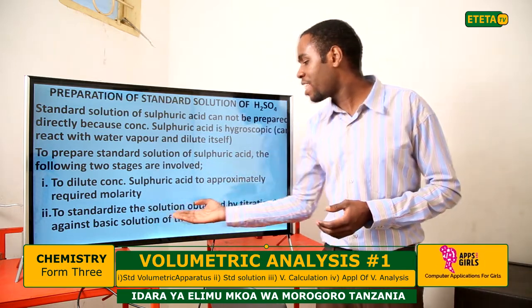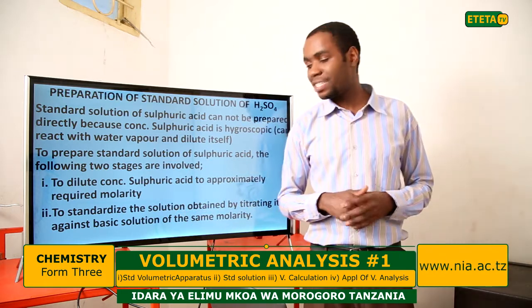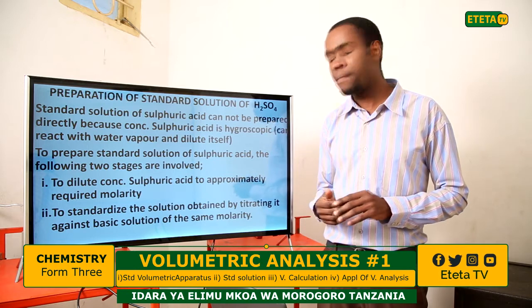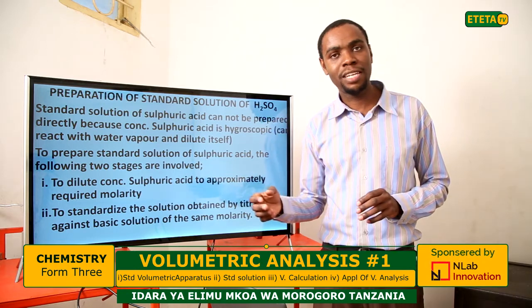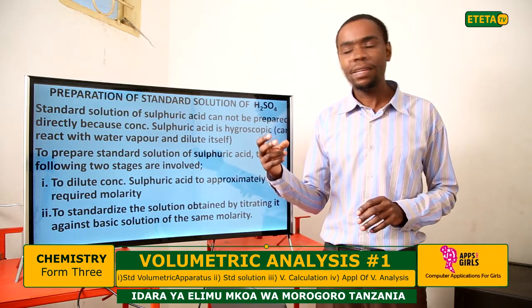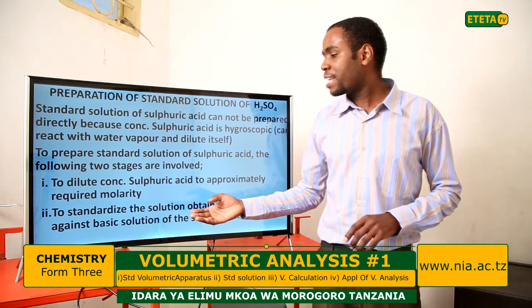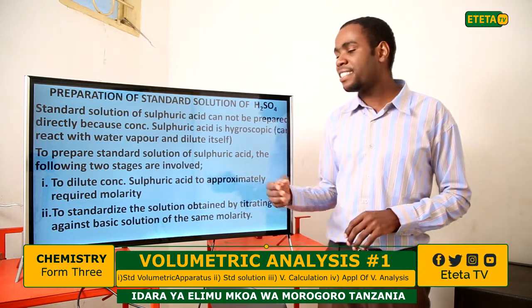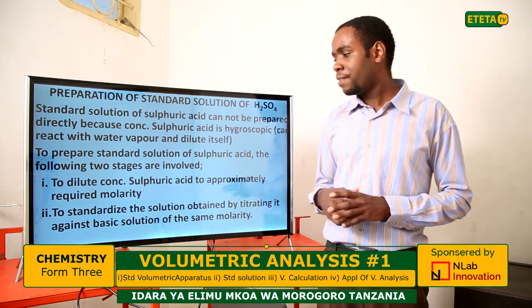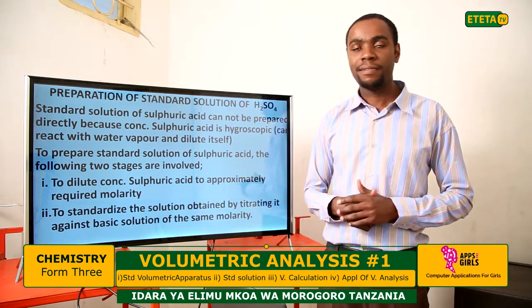Now we need to standardize the solution obtained by titrating against the basic solution of the same molarity. We take the standard basic solution of the same molarity, then we titrate it against the sulfuric acid. That's how to standardize the solution.